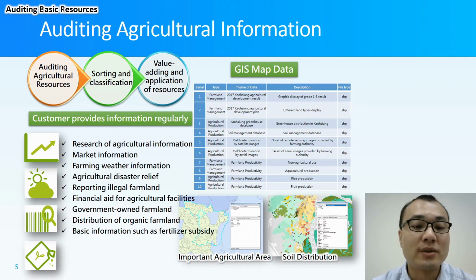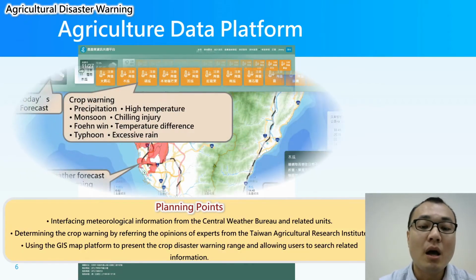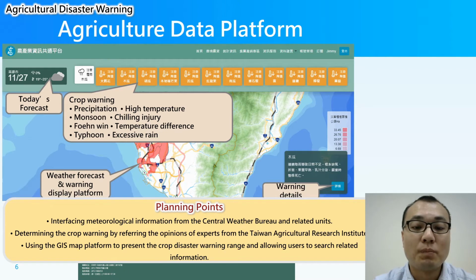We organize those corresponding relationships and apply various models. We provide a simple platform to the users.